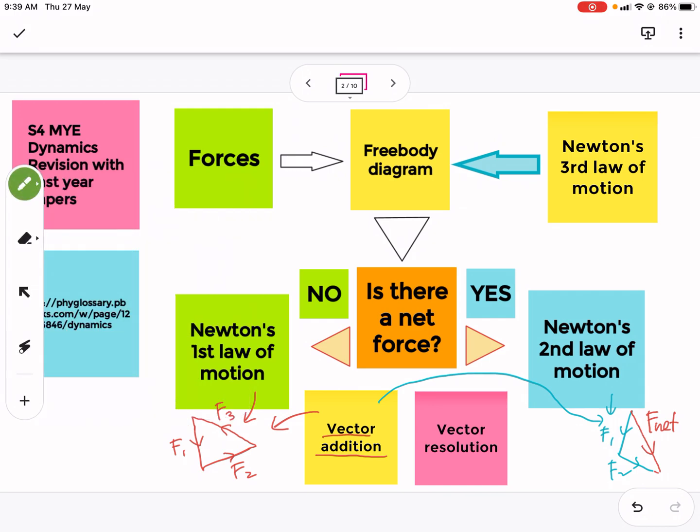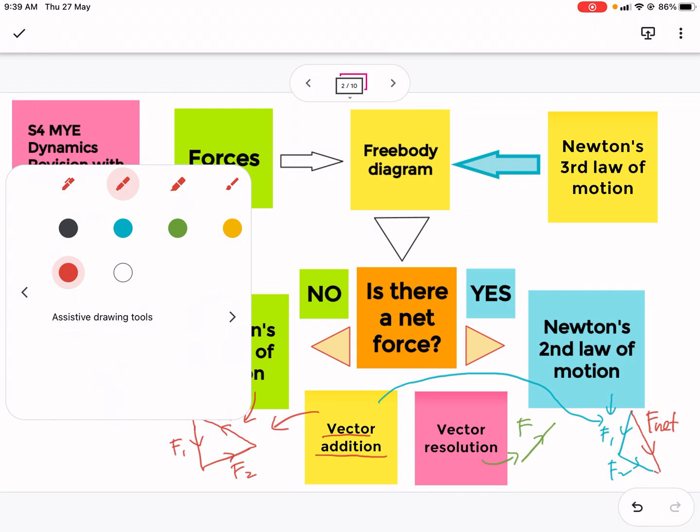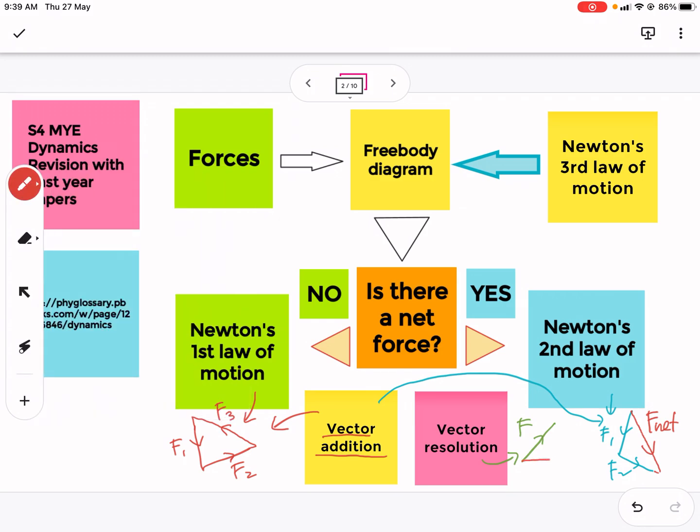Very often we also want to resolve forces along two perpendicular directions. Most often, for example, we have a force at an angle like this. When we are doing vector resolution, we want to know the component of this force horizontally, Fx, and the component of this force vertically, Fy.